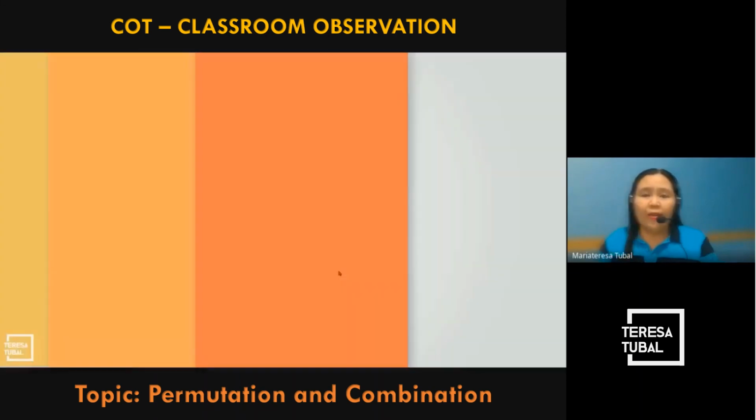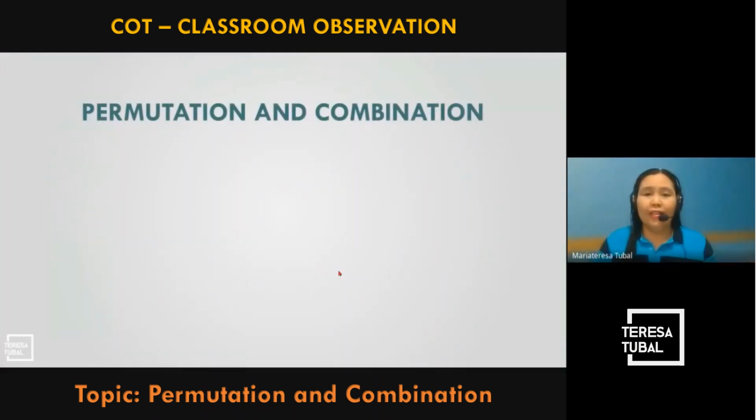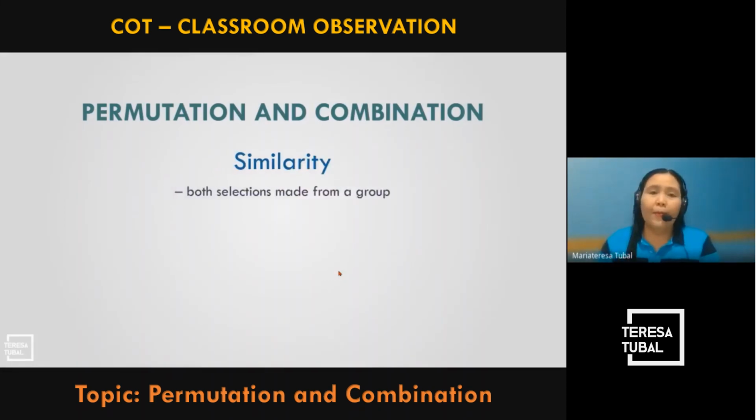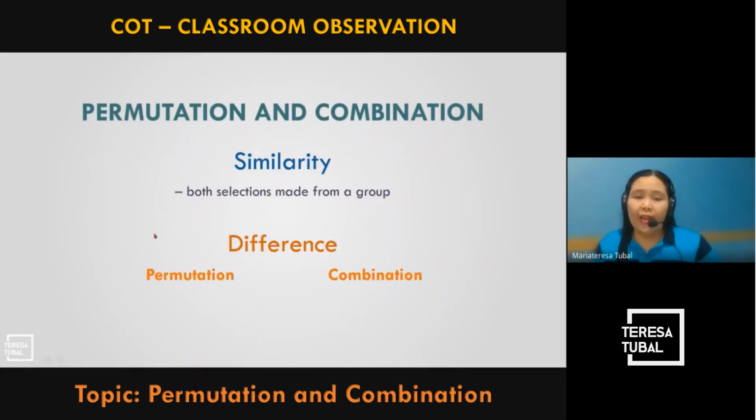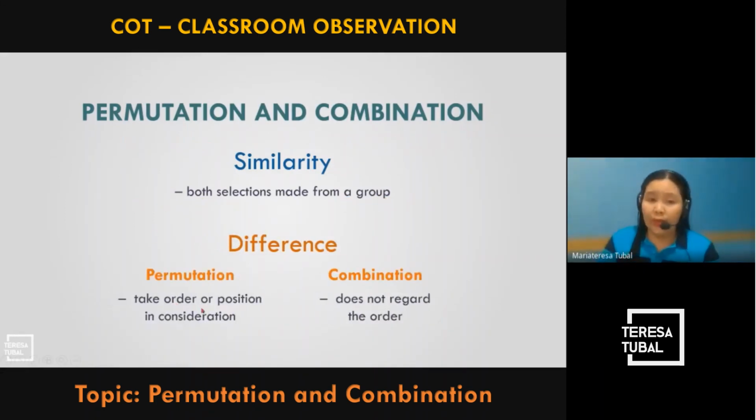Let us determine the similarity and difference of permutation and combination. Both are selections made from a group. A permutation takes order or position into consideration. So if you see a problem, always check if there's an order or position, because then it is a permutation, while a combination does not regard the order.